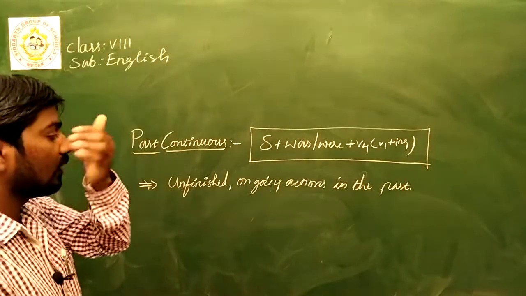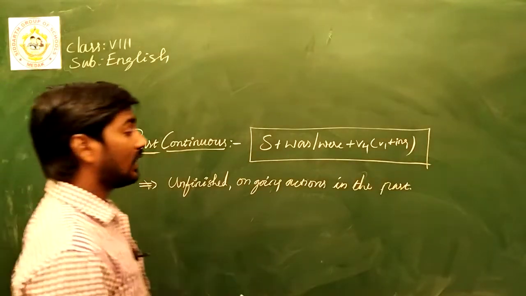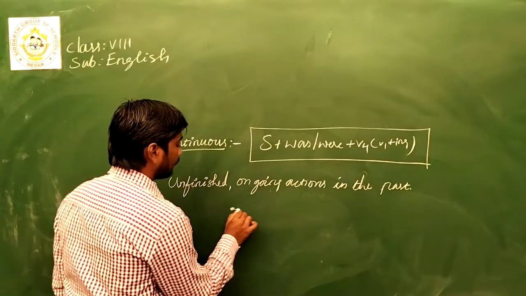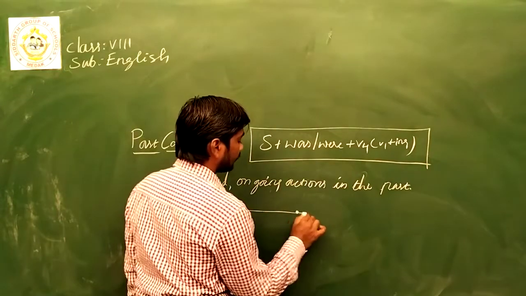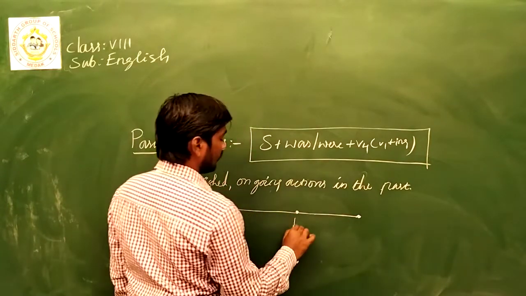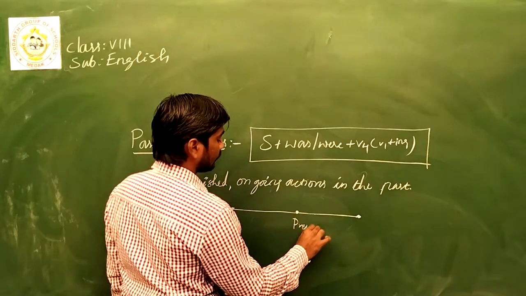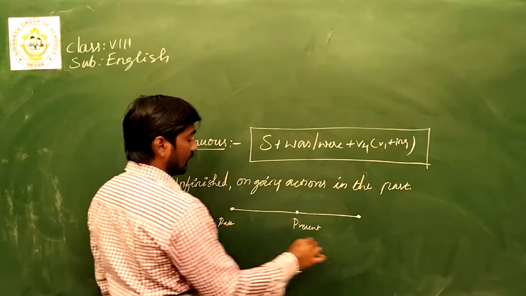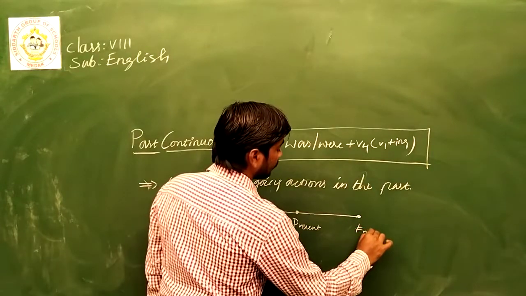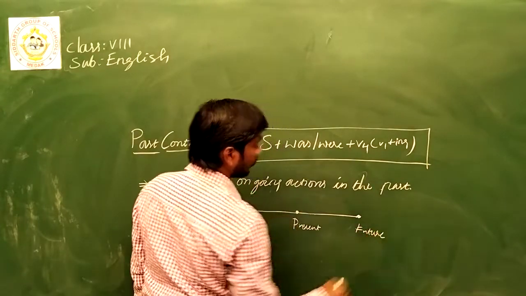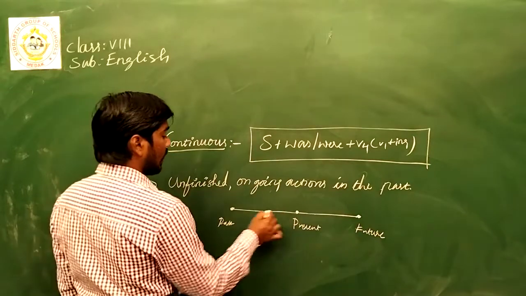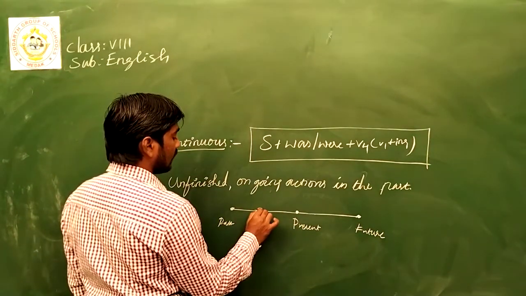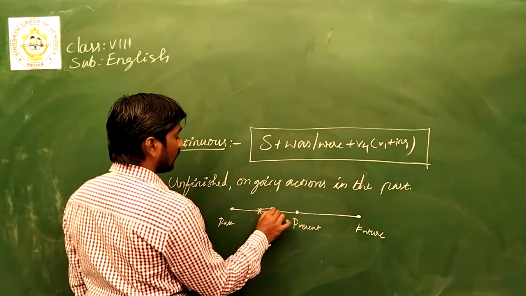For example, actually I forgot to mention the timelines. Let us see here. This is present, past, future. So past here: the action has been started in the past and continuing.